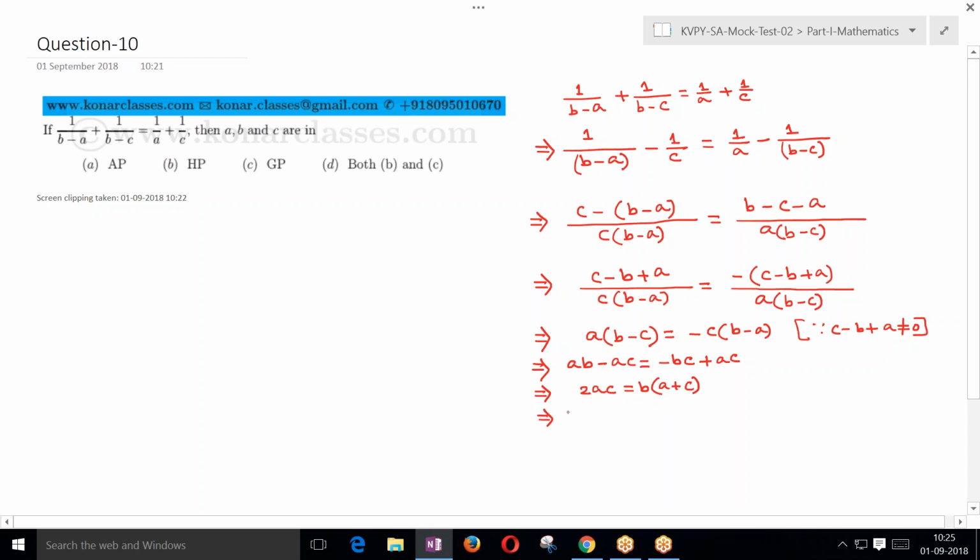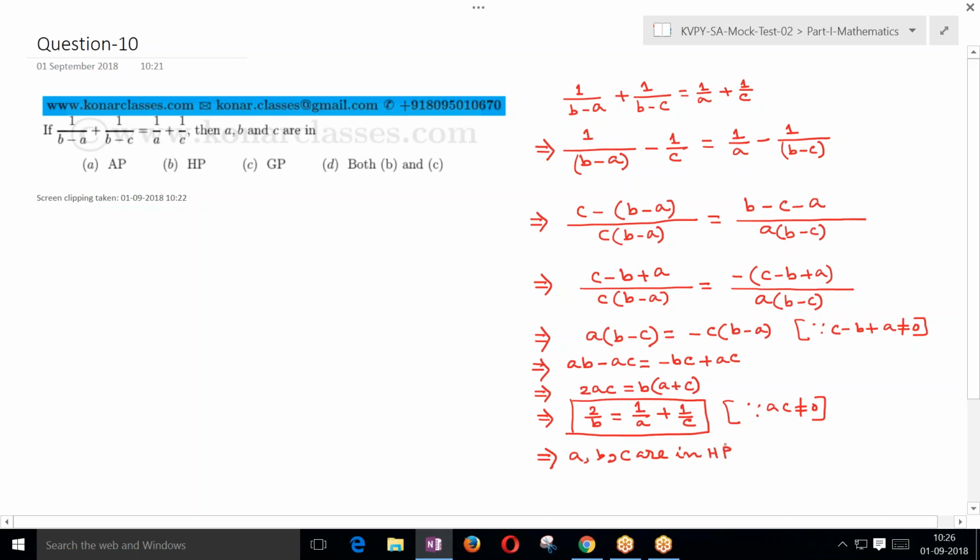So this implies 2 by b is equal to 1 by a plus 1 by c, since a into c cannot be equal to 0. This implies that 1 by a, 1 by b, 1 by c are in arithmetic progression. That implies a, b, c are in harmonic progression.